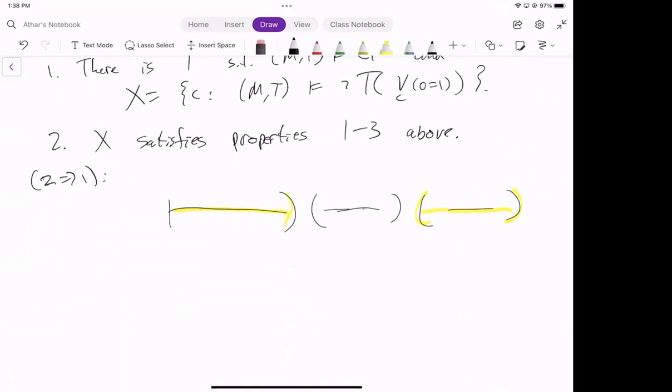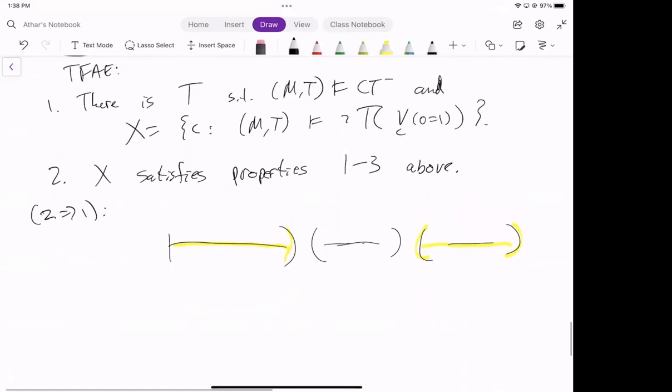Athar, sorry, do you know how many of them there are? How many such sets there are? I haven't thought about that. Are there continuum many? That's a good question. I have to think about it.